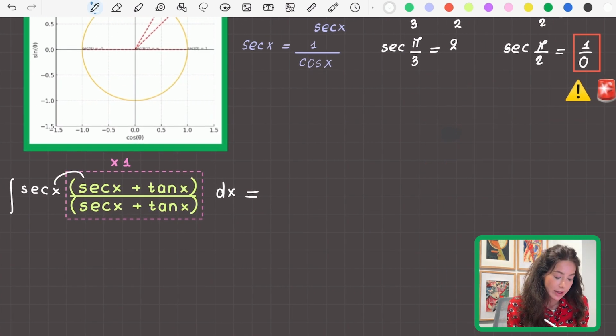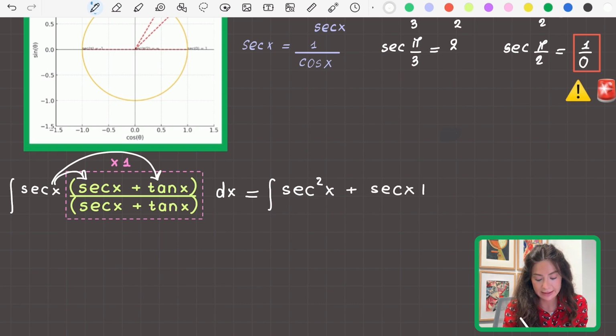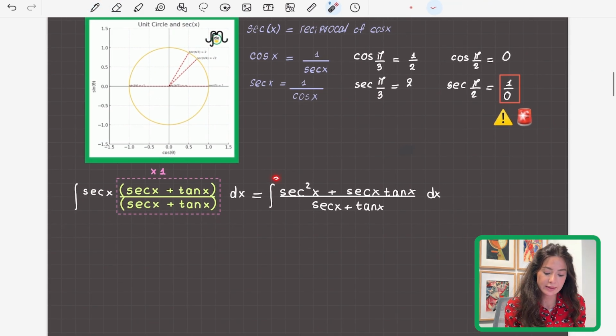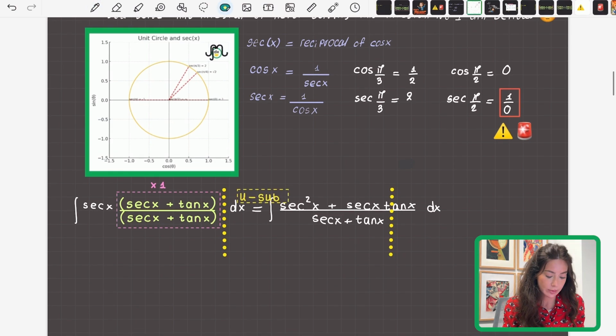Okay, so at this point, I'm simply going to multiply this through. That will be secant squared x plus secant x tangent x, all divided by secant x plus tangent x. Looking at this right now, it looks pretty awful, but in just one step, it's going to become so much simpler. You'll be very happy.